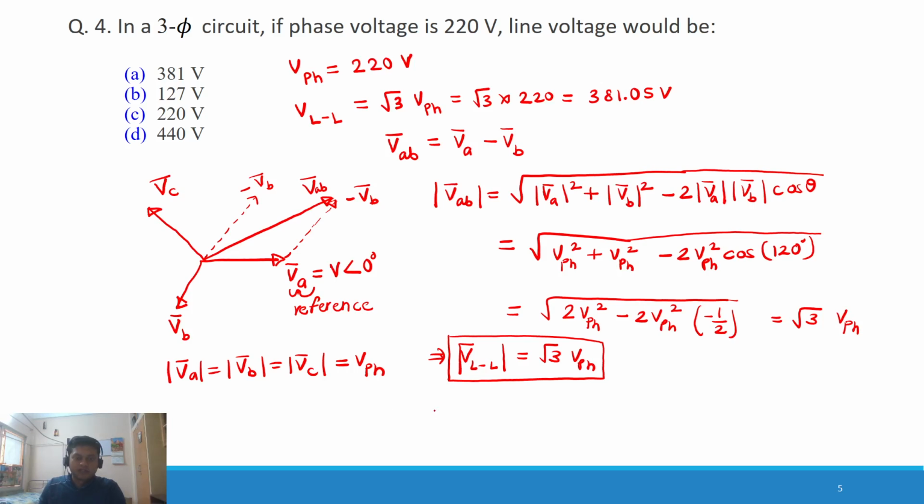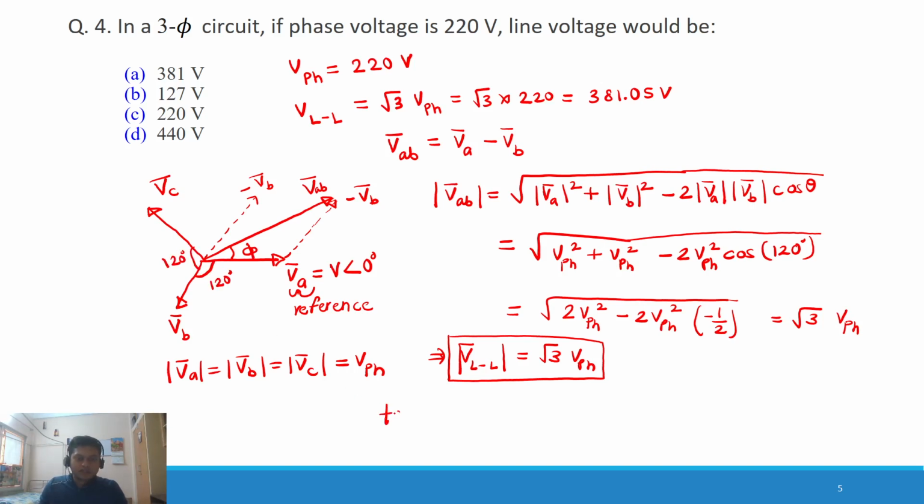So from this vector subtraction formula, we can also find this angle. Suppose this is phi, and this angle is 120 degree, and this angle is also 120 degree.